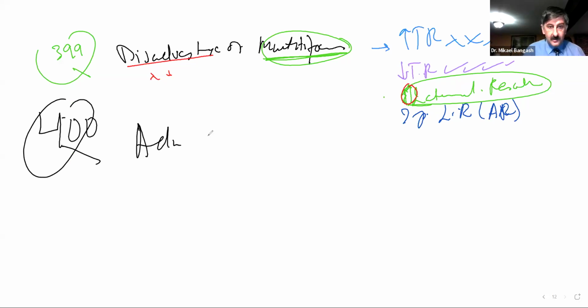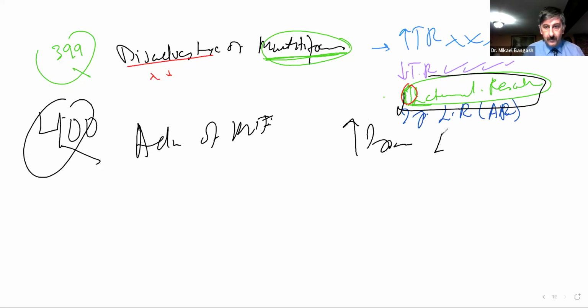An advantage of multifocal points is that we have an improved lateral resolution. It's not going to improve your temporal resolution, rather vice versa.